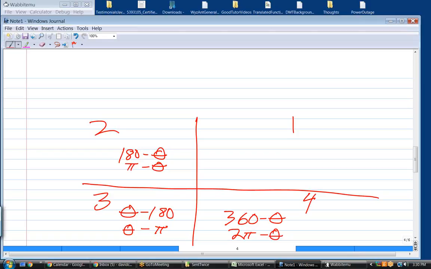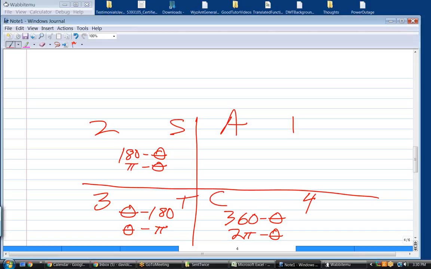So you don't always have to work in degrees. In other words, if they give you radians, you can still work out the problem entirely, only use the second thing. Instead of 180 minus theta, use pi minus theta. Finally, all students take calculus.